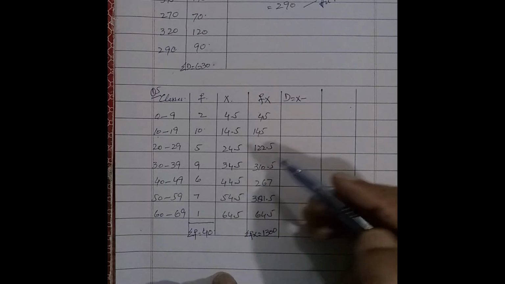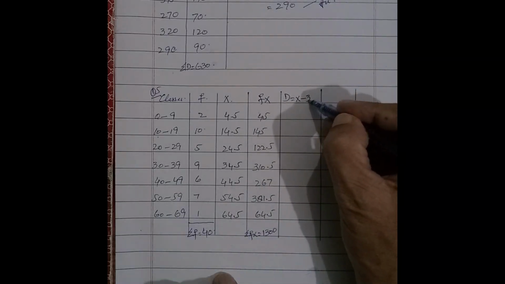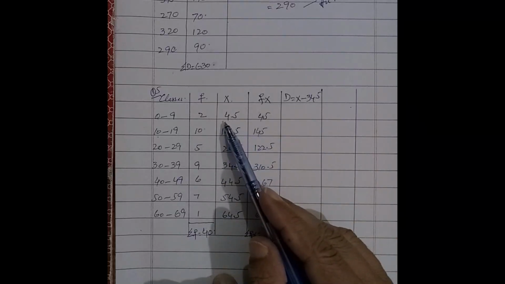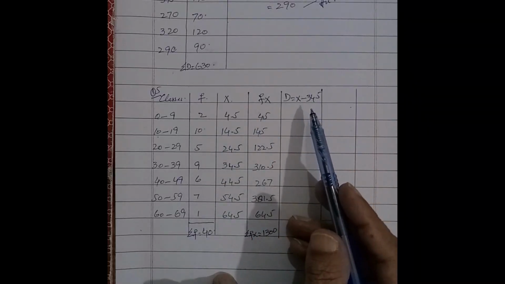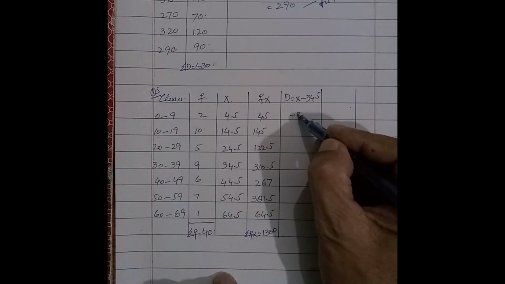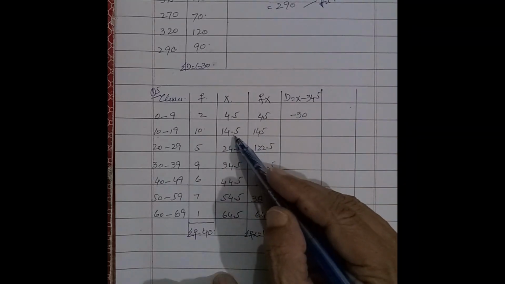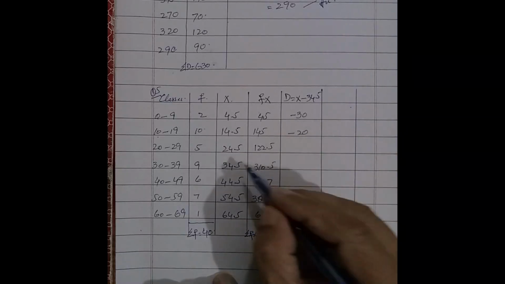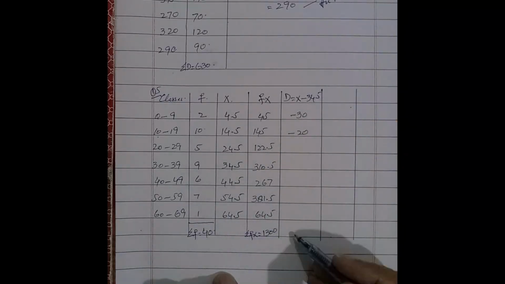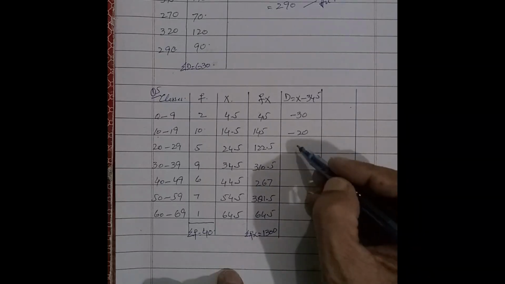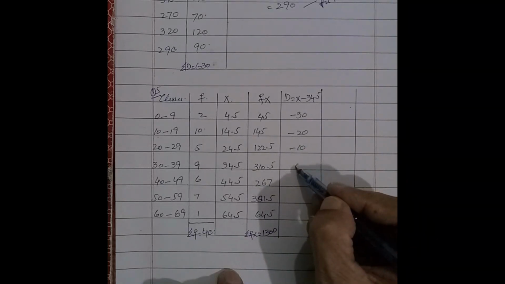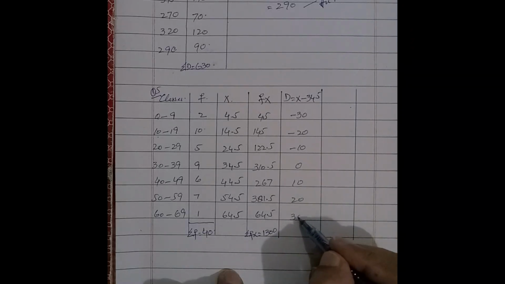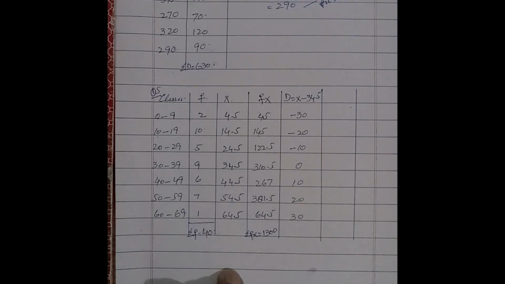We take 34.5, x minus 34.5, and write 4.5 minus 34.5, we get minus 30. 14.5 minus 34.5, it is minus 20. And in this way we take all the values, which are minus 10, it is 0, 10, 20, and 30.